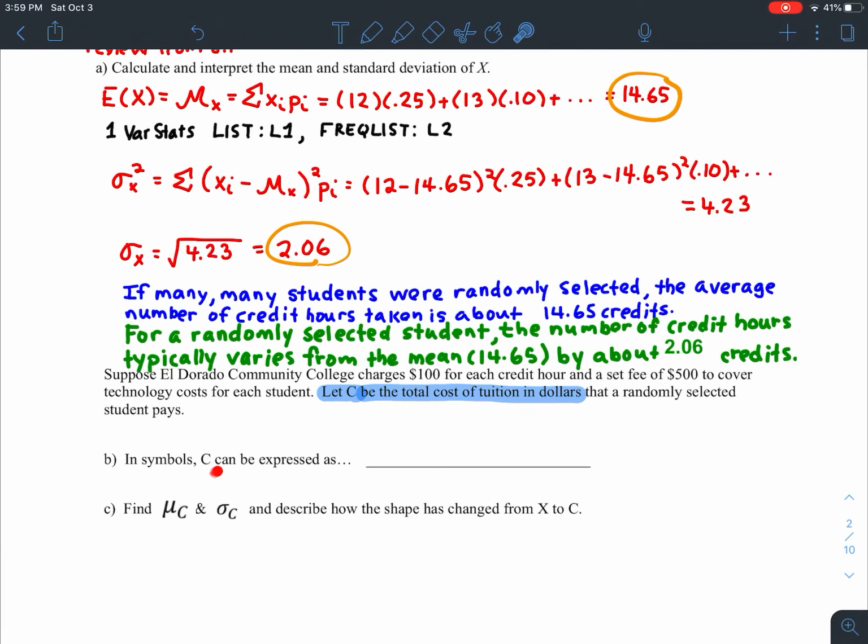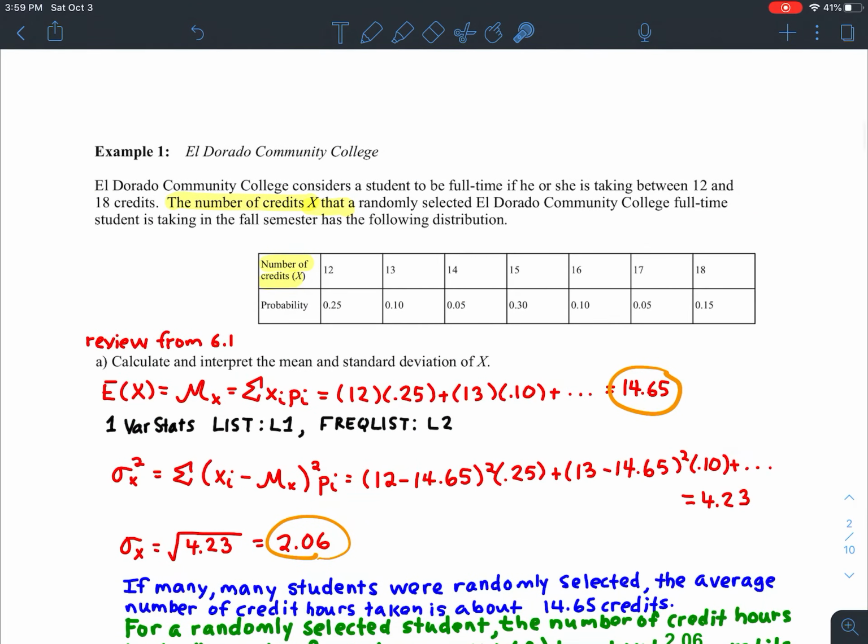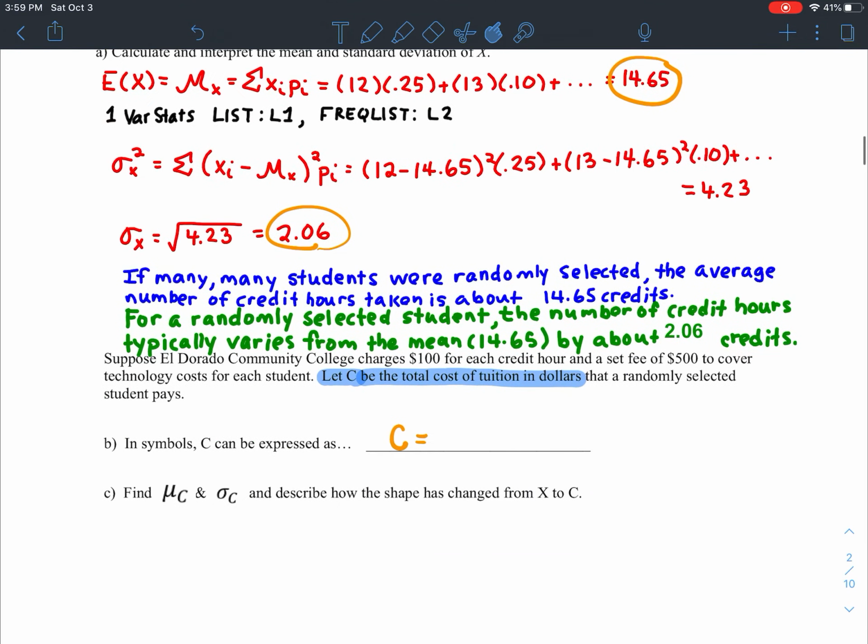Okay, so we're now going to let a new random variable, C, be the total cost of tuition in dollars that a randomly selected student pays. Okay, and so in symbols, we're going to express C as, now again, recall up above here, X represents the number of credit hours that a student is taking.